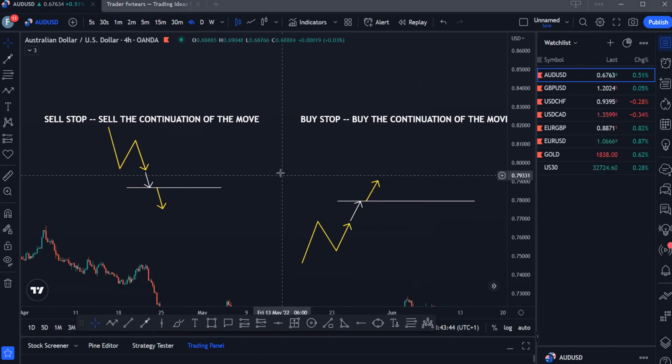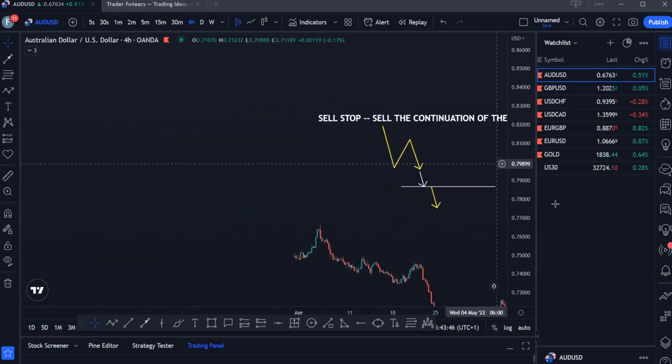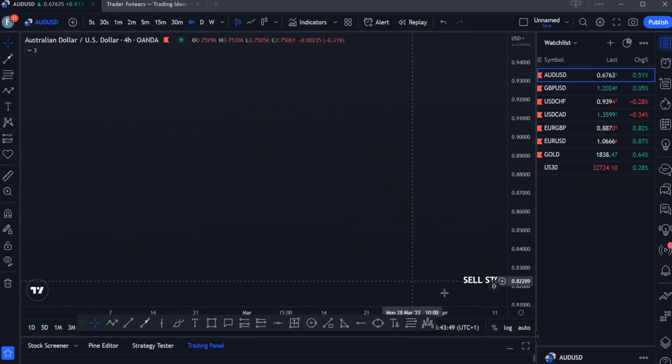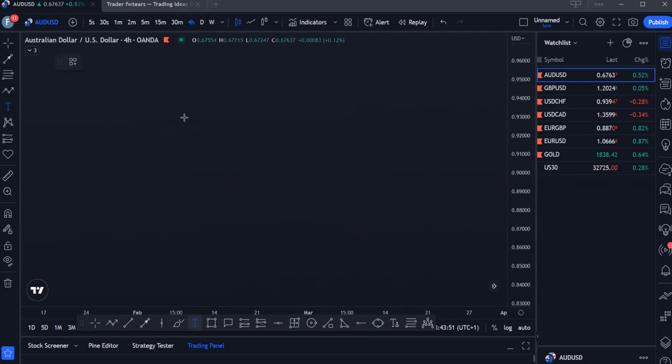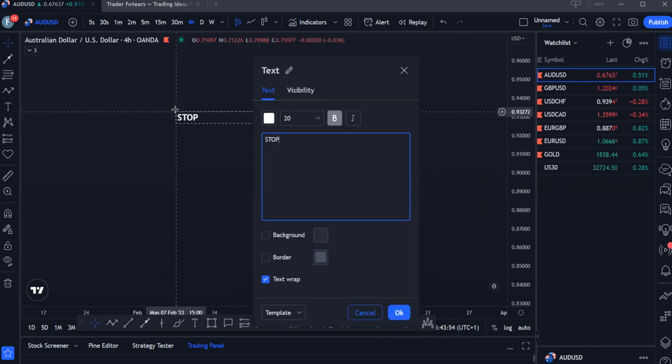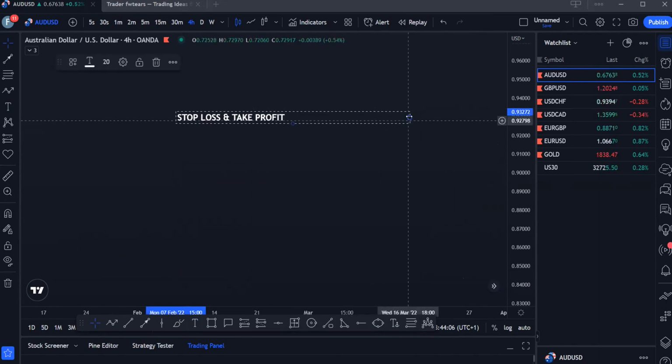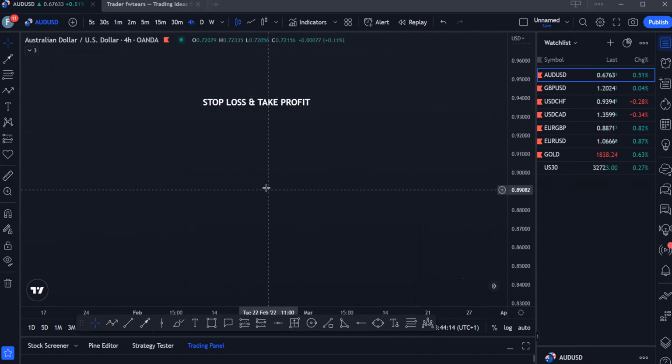I'm glad you're following. So let's talk about the concept of stop loss and take profit. What is stop loss and what is take profit? Okay, so these are things that you'll be using in your day-to-day trading. There are two major entries that you can make in the market, either a buy entry or a sell entry.